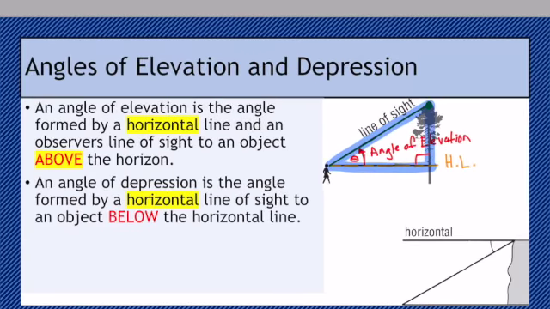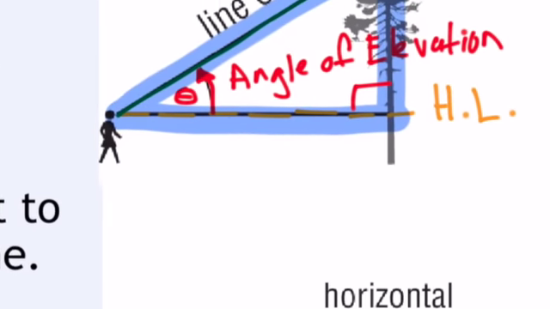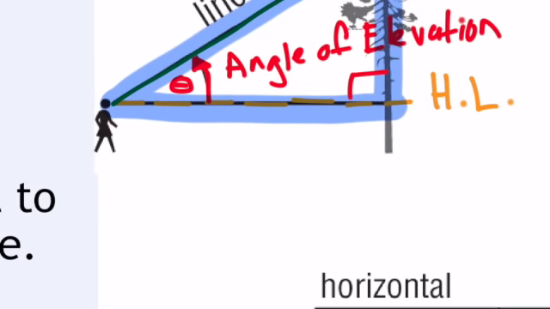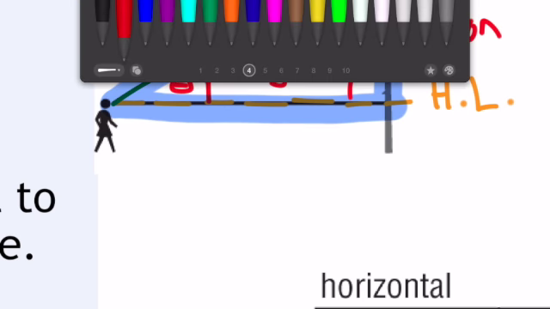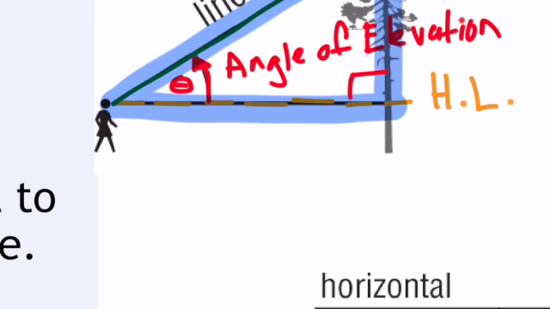All right, let's see what an angle of depression is. An angle of depression is the angle formed by a horizontal line of sight to an object below the horizontal line. Let's look at that same example here. Let's say there's an object somewhere down here.